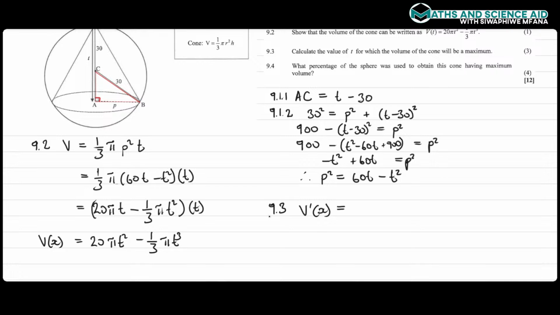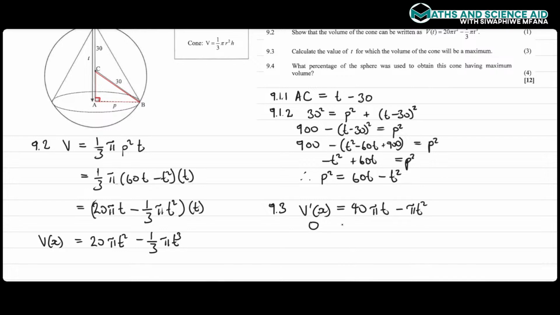So v prime x, that will be 40 pi t, and then minus, so 3 will have negative 1 over 3 multiplied by 3, which will just be negative 1. So we'll end up getting negative pi t squared.